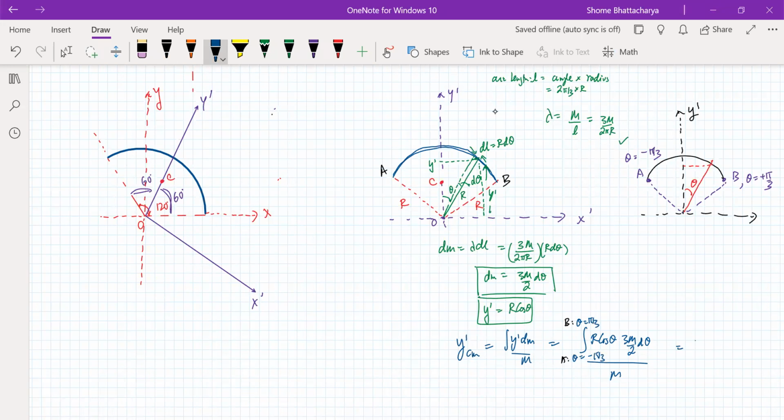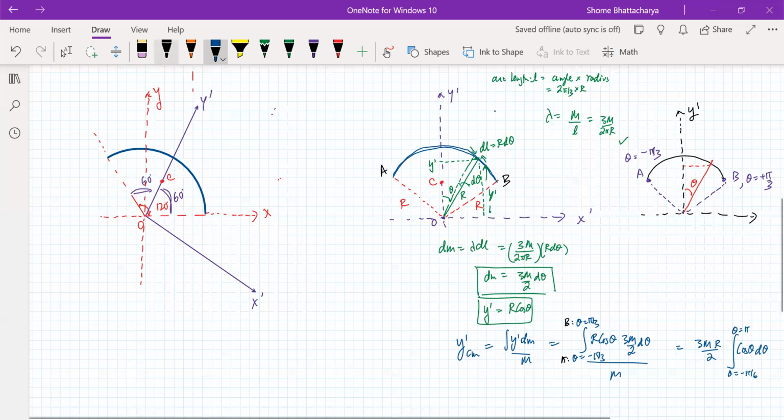So we have 3 m r divided by 2 pi, cos theta d theta, going from minus 60 degrees, that is minus pi by 3, to plus 60 degrees. So please complete this integration and tell me what we are getting.